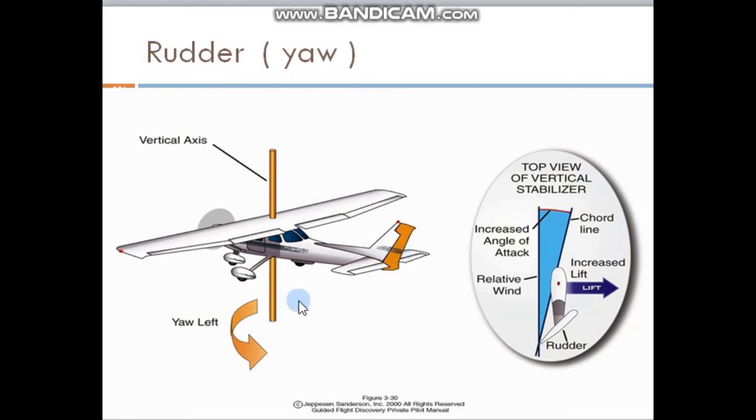The aircraft will yaw to the left, so the rudder will move to the left. When the rudder goes to the left, the nose of the aircraft will turn to the left. And this movement to the left is around the vertical axis.